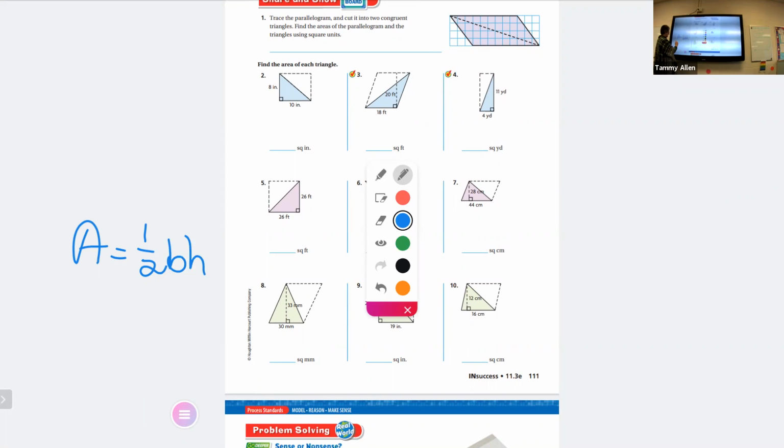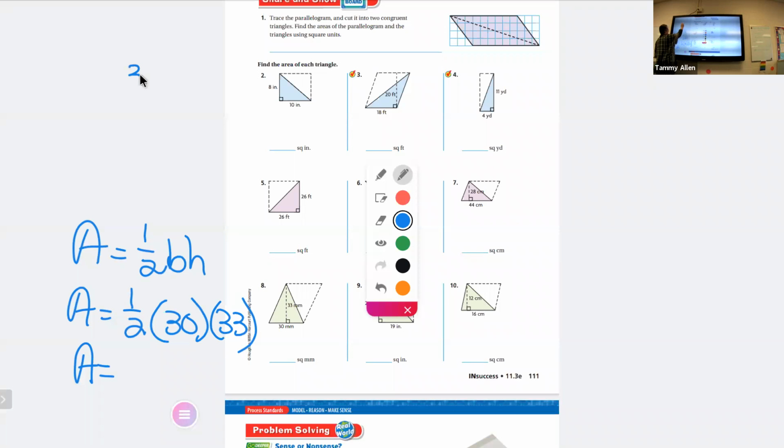Our base is 30. Our height is 33. Half of 30 is 15, so now I need to do 15 times 33. So go ahead and work that out and find the area.